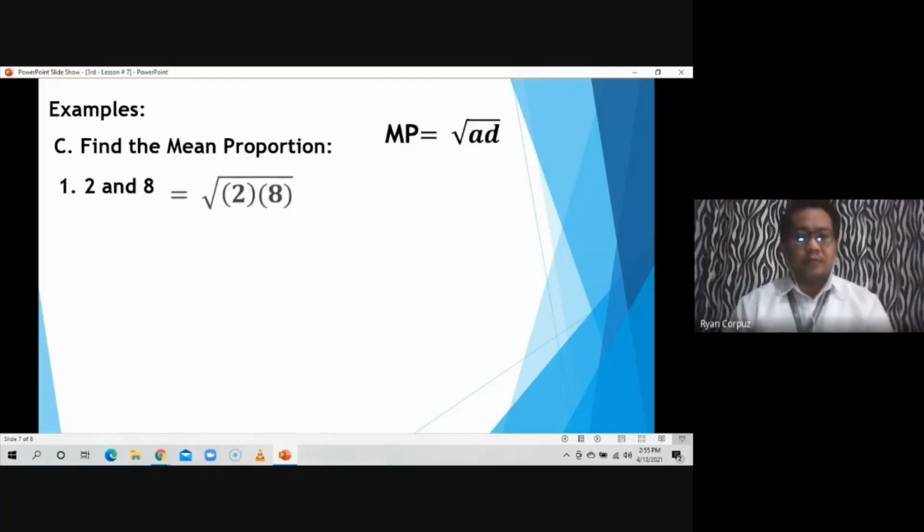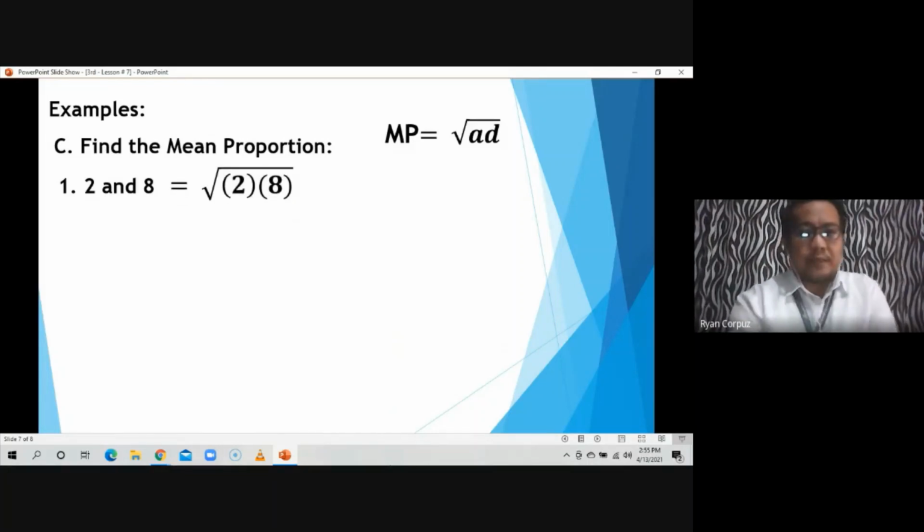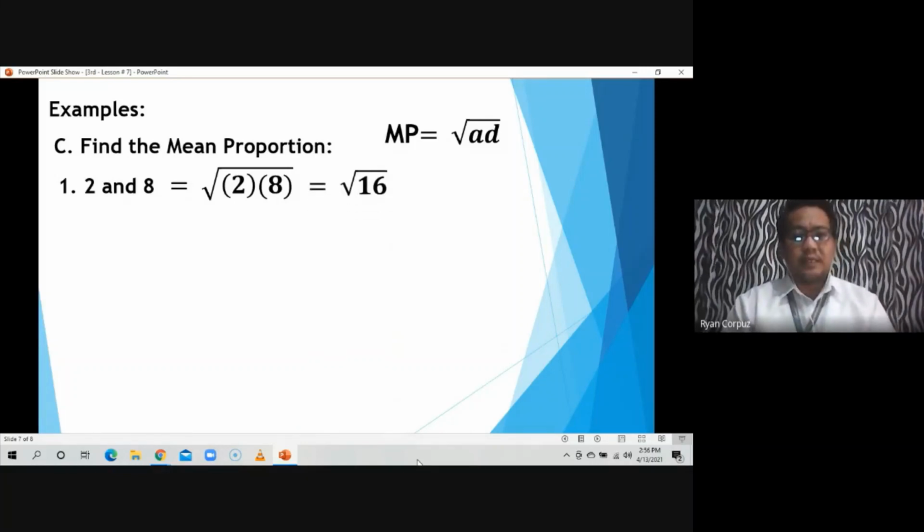So we come up with the square root of 2 times 8. Ito yung dalawang numbers. Ito yung AD. So the square root of 2 times 8 is equal to the square root of 16. Since 16 is a perfect square, so we can come up now with the exact value of it. So the square root of 16 is equal to 4.